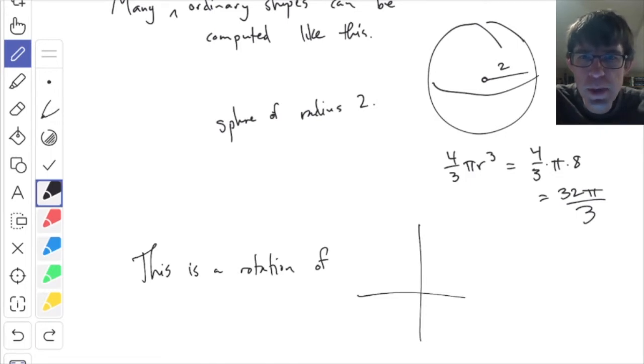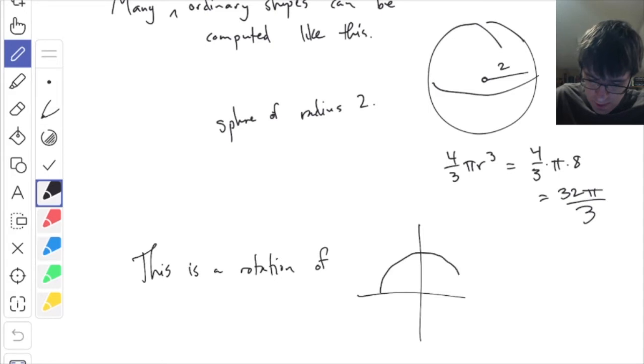A sphere is basically like a three-dimensional version of some common two-dimensional thing, right? It would just be a circle. A circle, yeah. A sphere is what you get if you spin a circle around some axis. So this is a rotation of a circle.